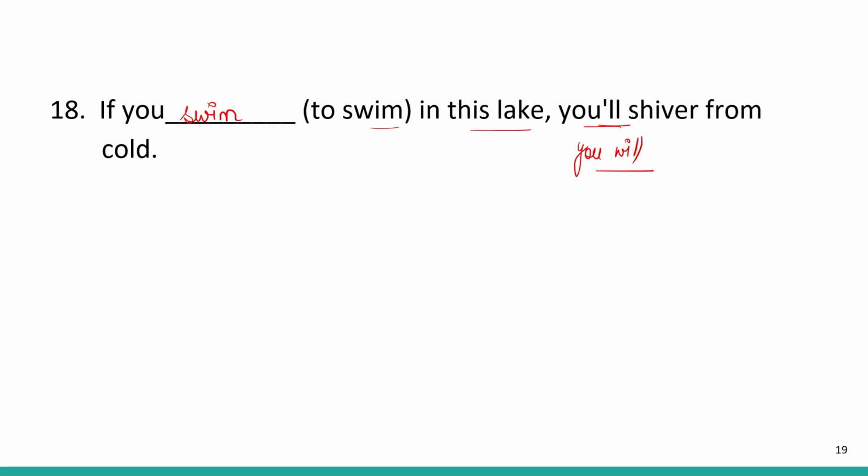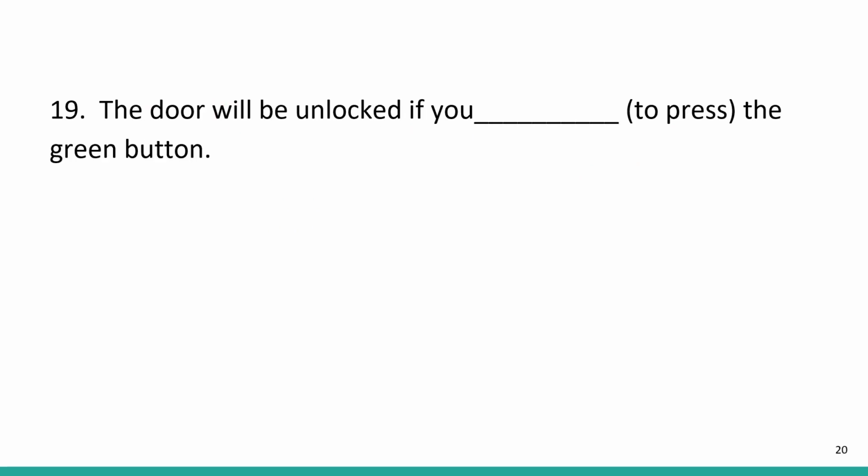It means the water must be cold. Now the door will be unlocked if you dash to press the green button. Now will be states that this is in future indefinite. Also type 1 condition. Type 1 condition requires this part to be in present indefinite. So if you press the green button, the door will be unlocked.